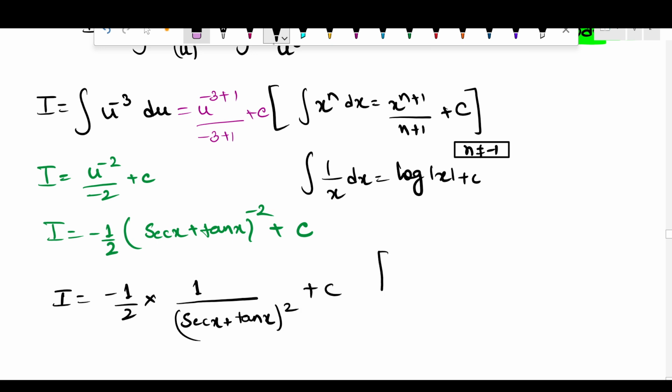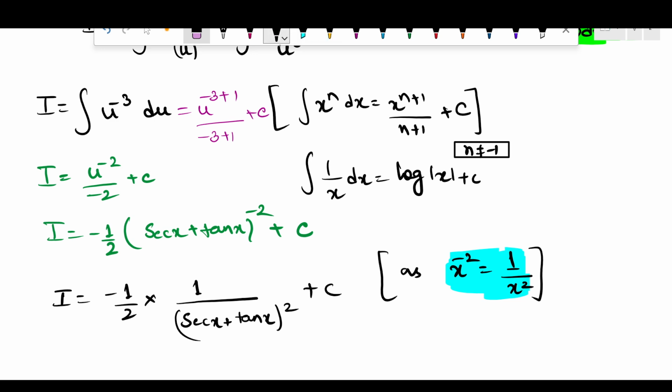Why? As x to the power minus 2 is 1 by x square, right? This is from the laws of exponents.